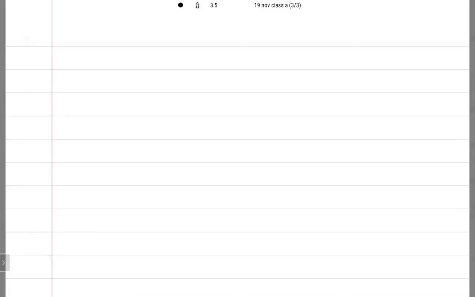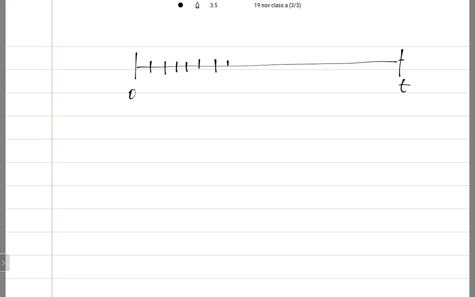I will divide my interval from 0 to t into n small segments, let's say of equal length. In a rigorous definition, the length of these segments may vary, but to do calculations and speak about the limit, I will say that delta t is t divided by n.